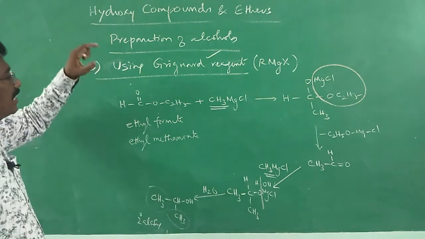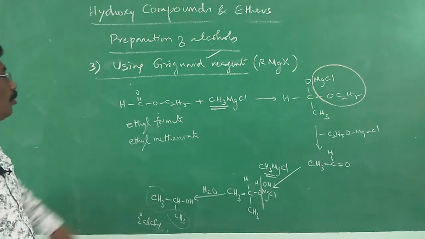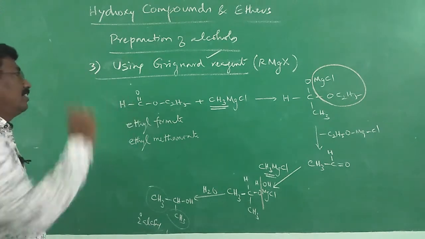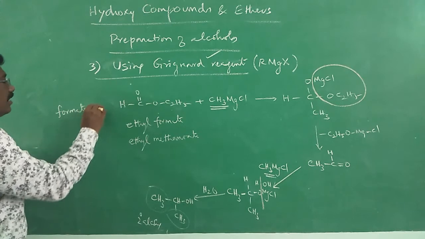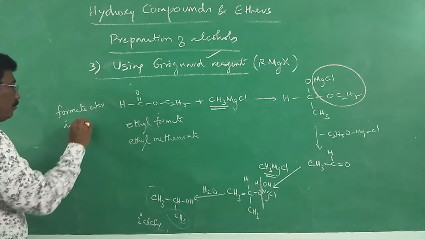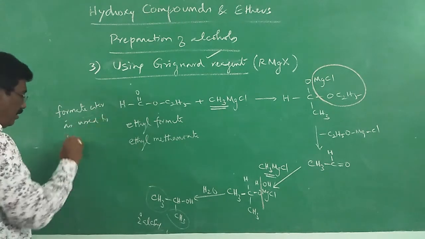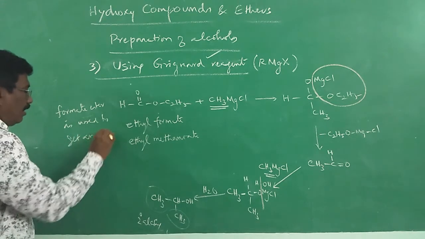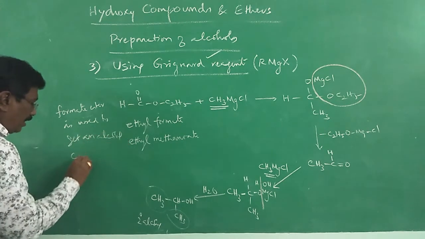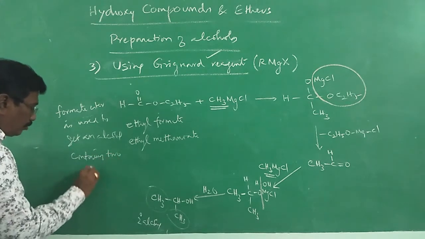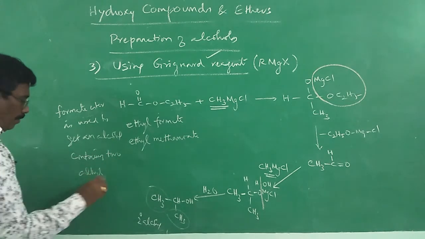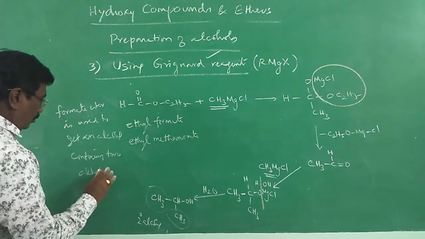To get a secondary alcohol containing the same alkyl groups, we use formate ester.